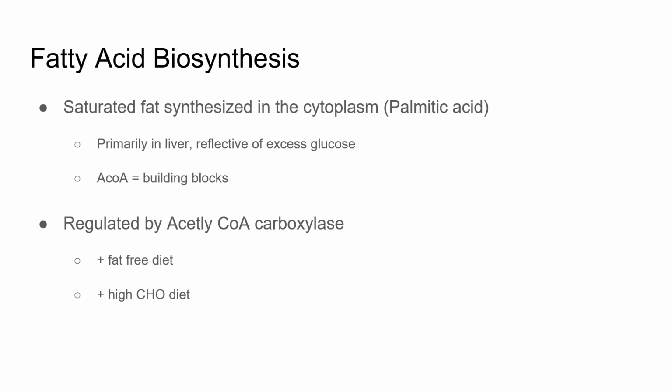Then through the process of desaturases and elongation, we can increase the chain length, because if you recall, palmitic acid is a 16 carbon fatty acid, and elongase can continue to add on acetyl-CoA to increase the length of that fatty acid chain. In addition, we have desaturase, which is going to add in double bonds.